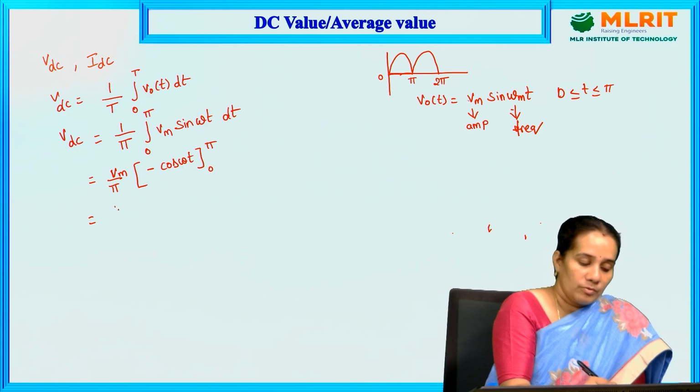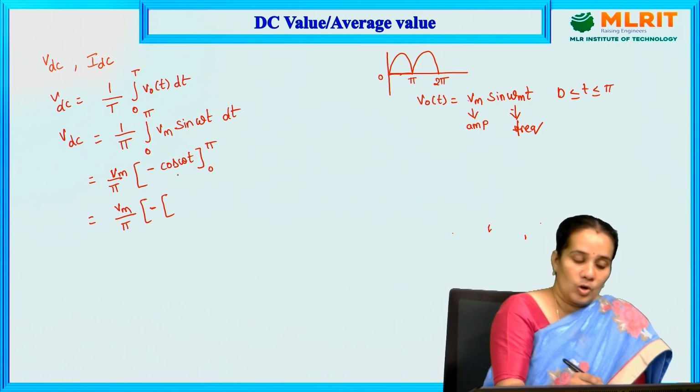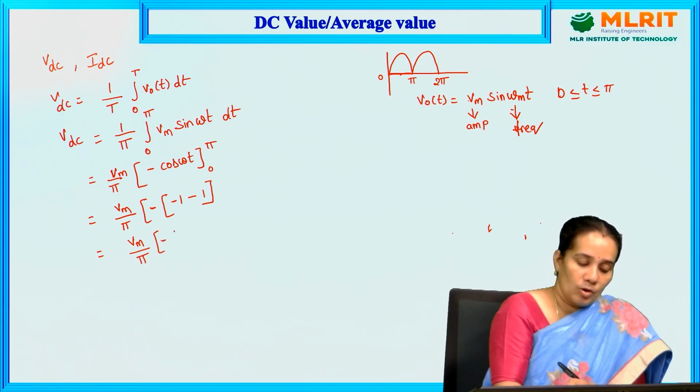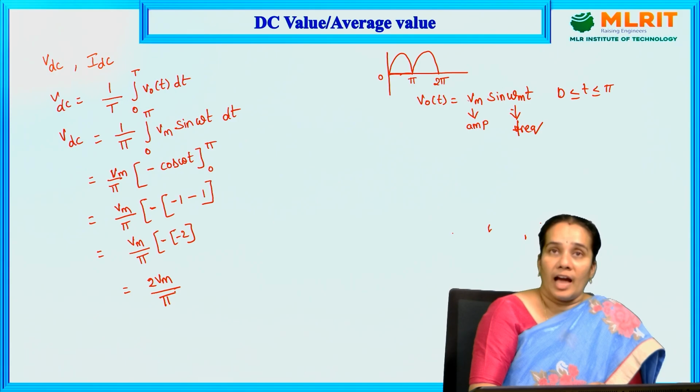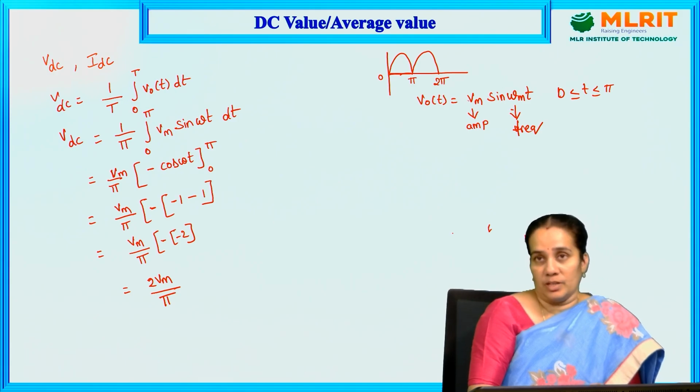So Vm by pi into minus, apply the limits. Cos of pi is minus 1, and minus the lower limit, cos of 0 is 1. So that is equal to Vm by pi into minus of minus 2, which is equal to 2 Vm by pi. This is the average value or DC value for the full wave rectifier.